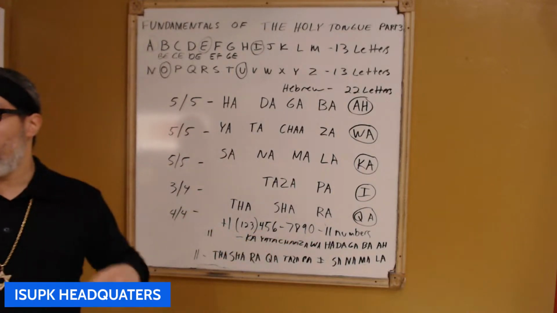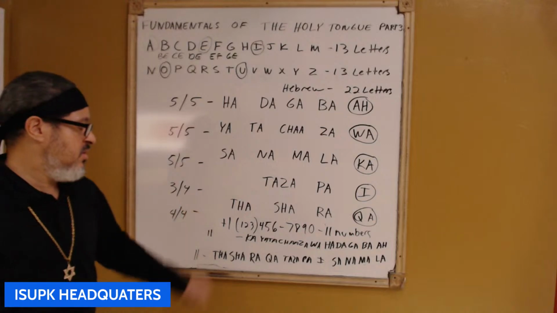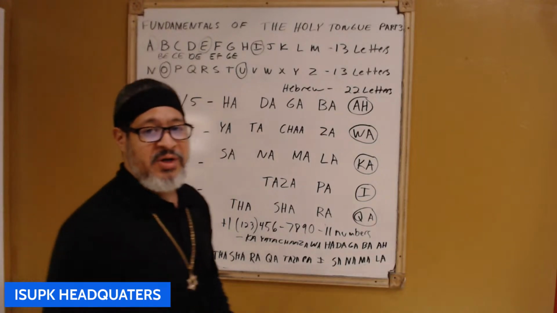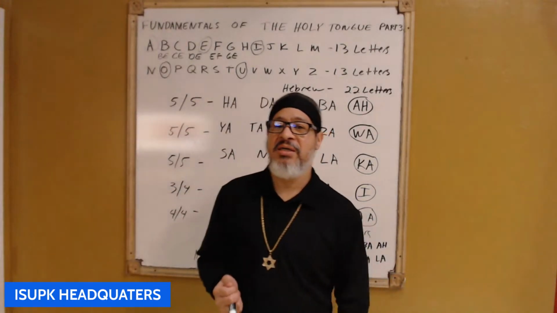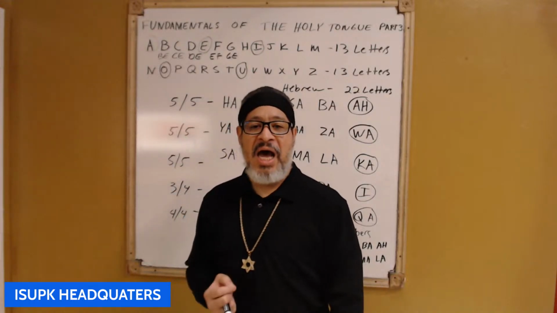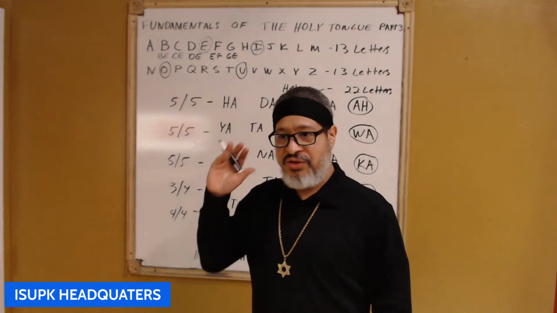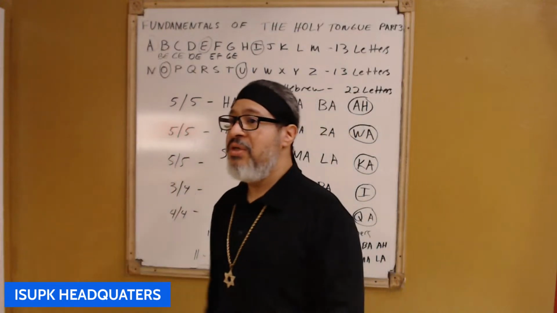In order to read Hebrew, you have to memorize the sounds. So you have to get to the point of abagadaha, wazakataya, kalamanasa, ipataza, kwarashata. Just get the sound down first.